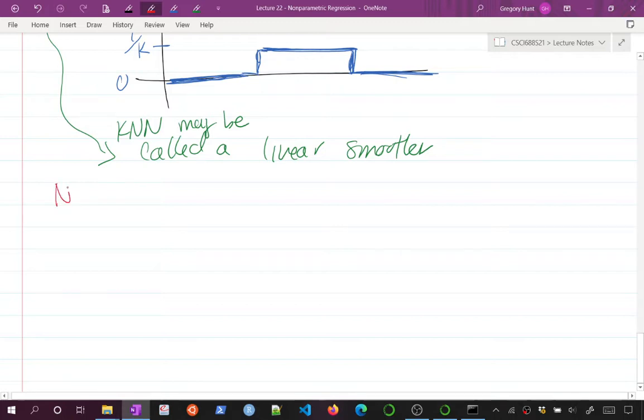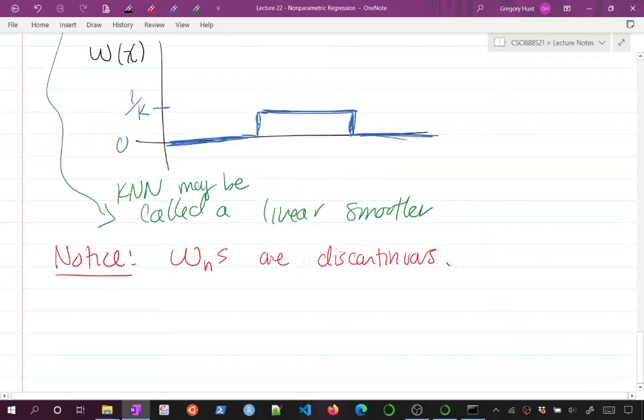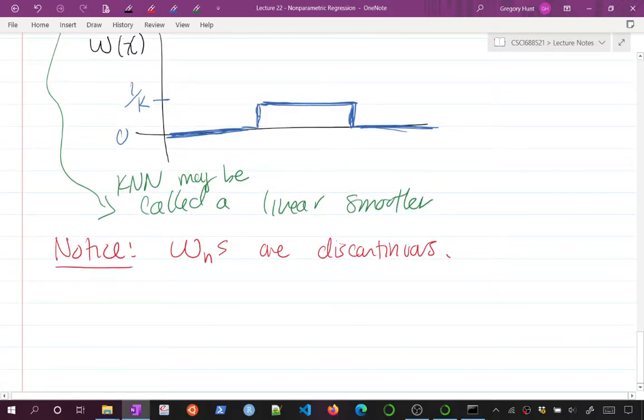Notice here, though, that my w functions are discontinuous. My weights are a discontinuous function in x. As I change x, my weights are going to jump between 1 over k and 0 discontinuously.